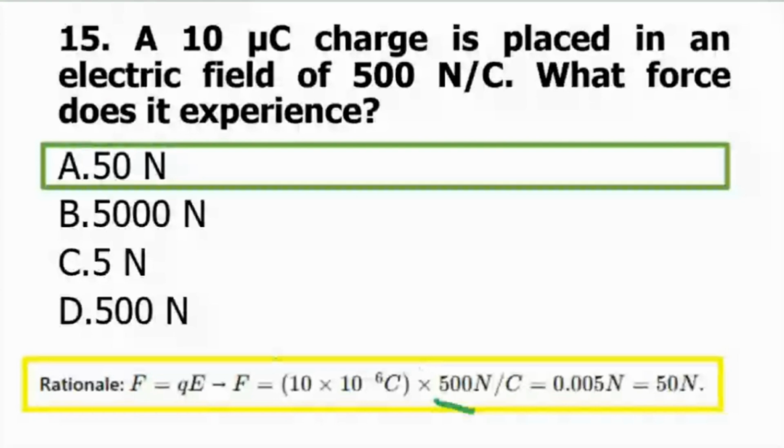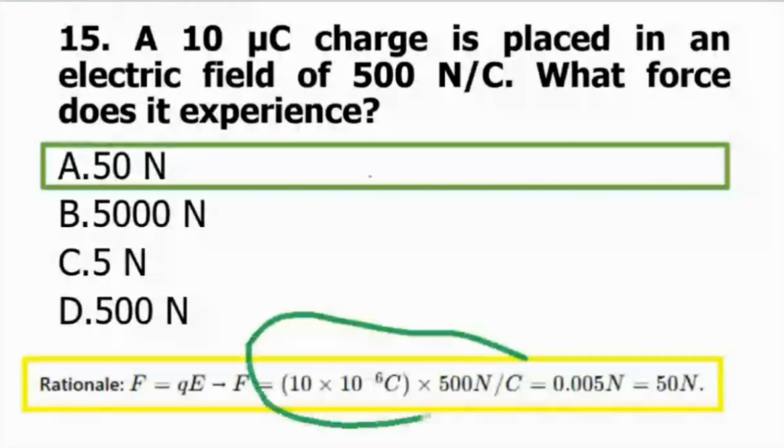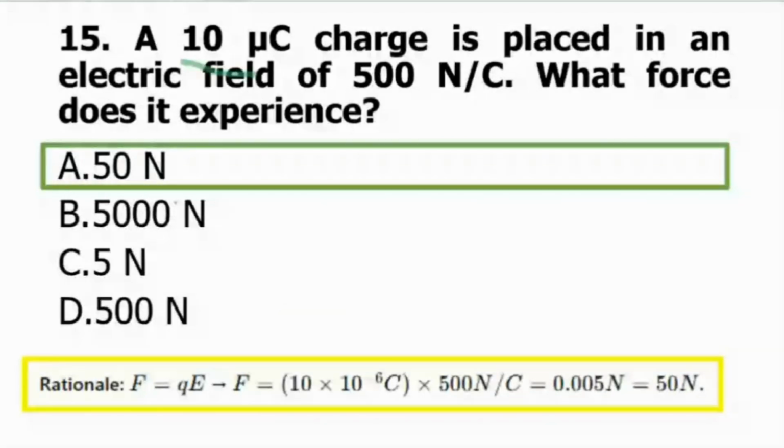That makes it 0.005 Newton, or 50 Newton. You just multiply the given values, the microcoulomb and the electric field. That's it.